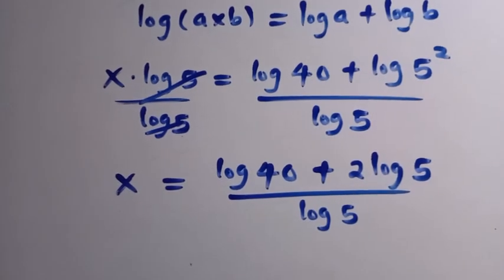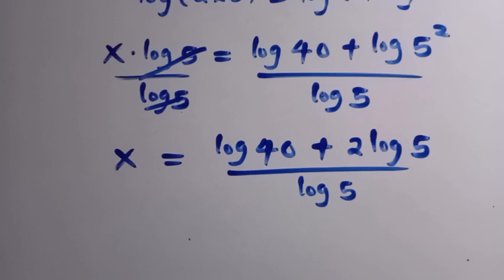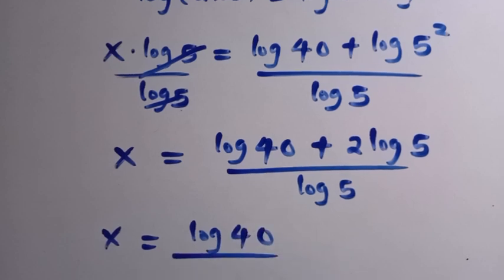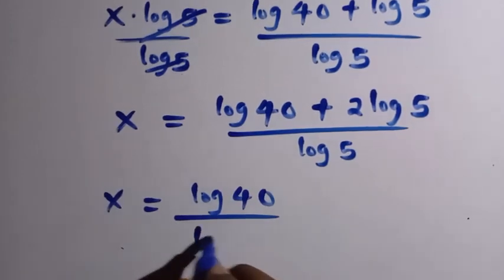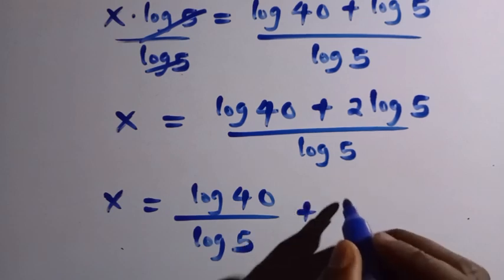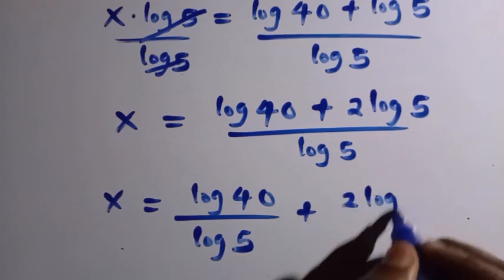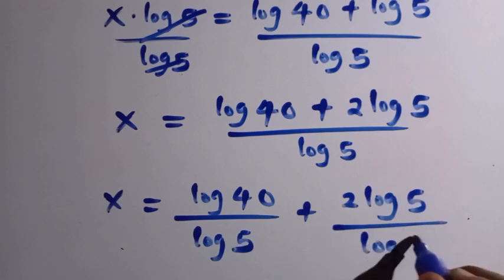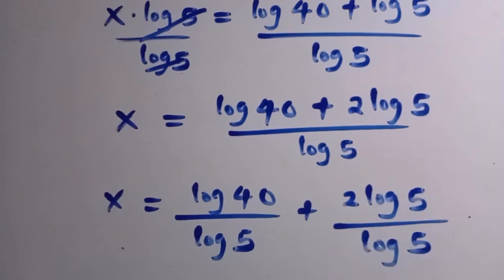In the next step, we divide this so x equals log 40 divided by log 5 plus 2 log 5 divided by log 5.